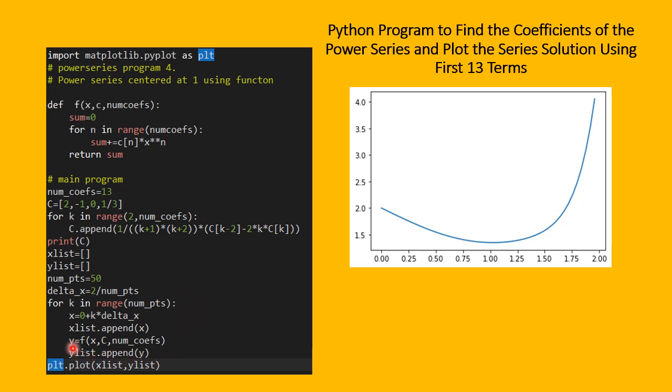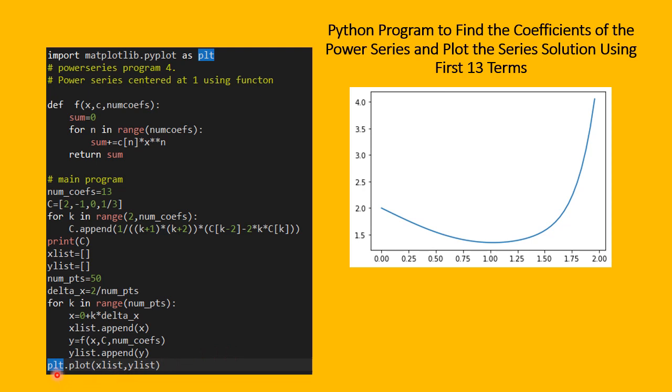Once we compute a value of y, we add that value of y to ylist: ylist.append(y). After this loop is finished, I have values in xlist, and I also have values in ylist, and I want to plot xlist versus ylist to get this curve.